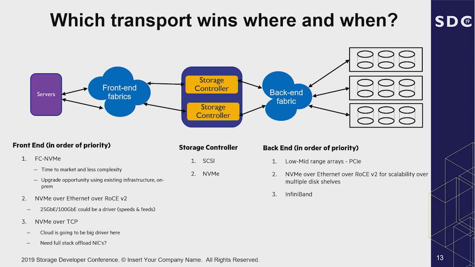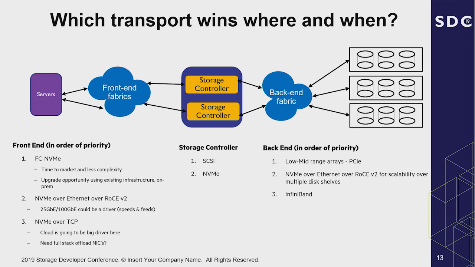Because you can have a very lossy Ethernet network, a less lossy Ethernet network, and a lossless Ethernet network. And there are so many different knobs that you can tweak to get from point A to point B, and so many different protocols to tweak. It becomes a challenge from a customer standpoint.